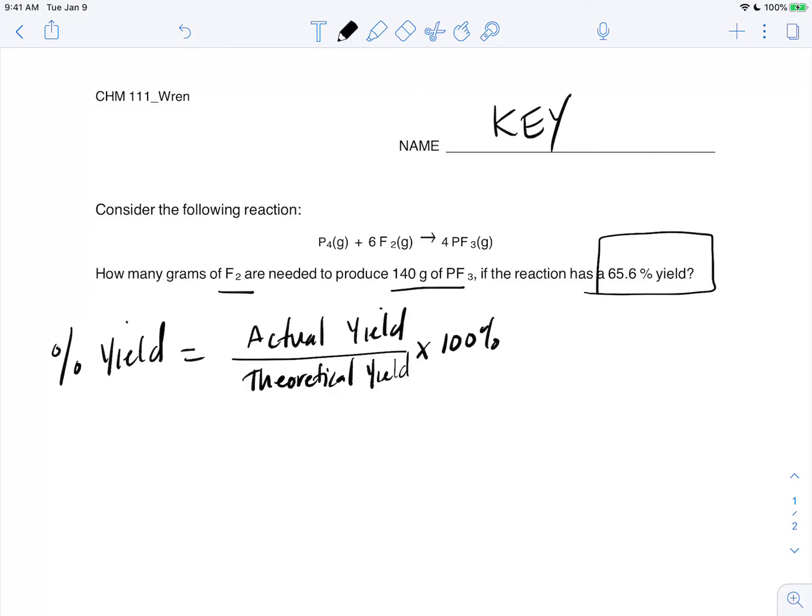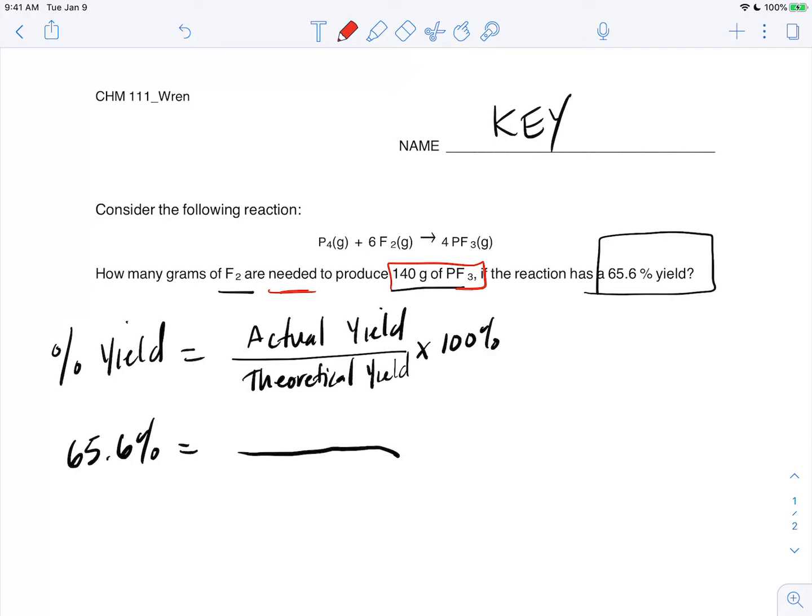So I then am going to put in the value. I'm told that the reaction has a 65.6% yield, so I'm going to put it in. Now, what I don't know is, I'm also given a value here of 140 grams of the reaction. So you need to produce this amount.